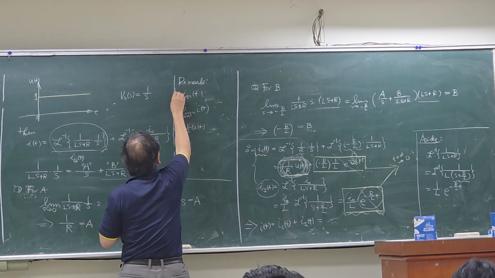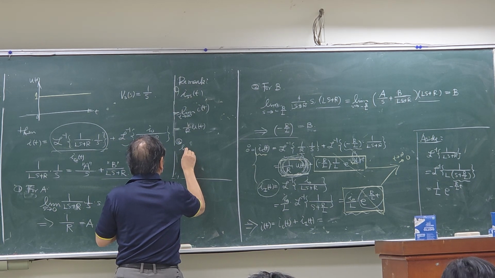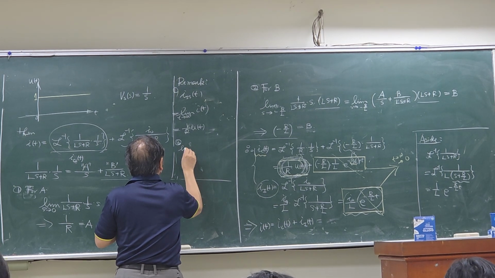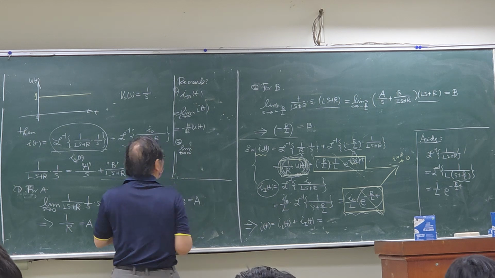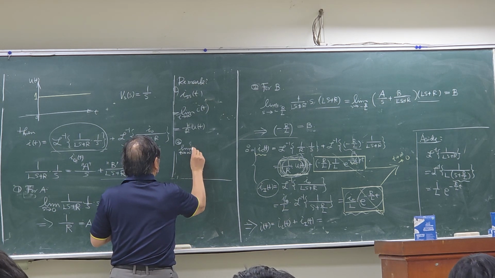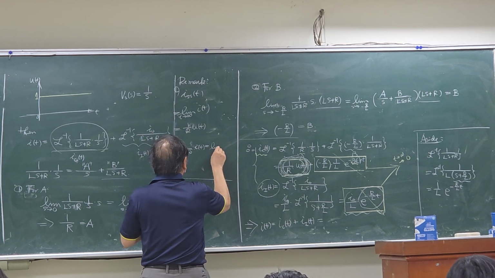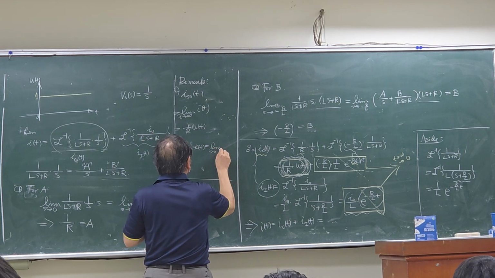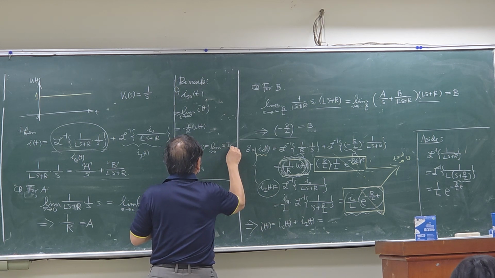So number 2, the limit as t goes to infinity of f(t) is equal to the limit as s approaches 0 of s times F(s).